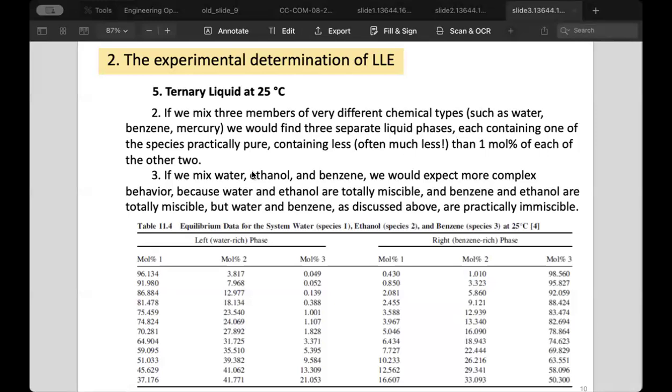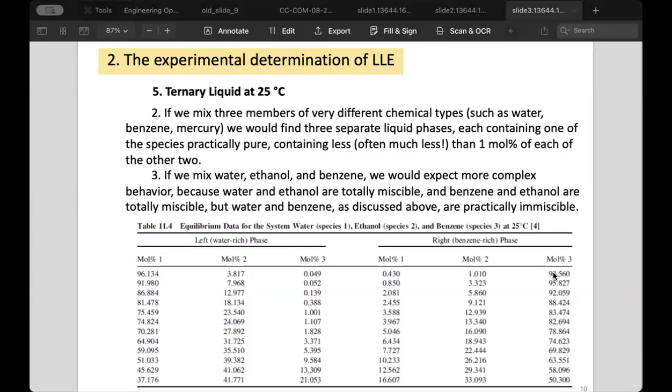So this is equilibrium data where we have two phases, a water-rich phase and a benzene-rich phase. And one line is one equilibrium, but two phases. For example, this line, yes, it's the same equilibrium, but a different phase.